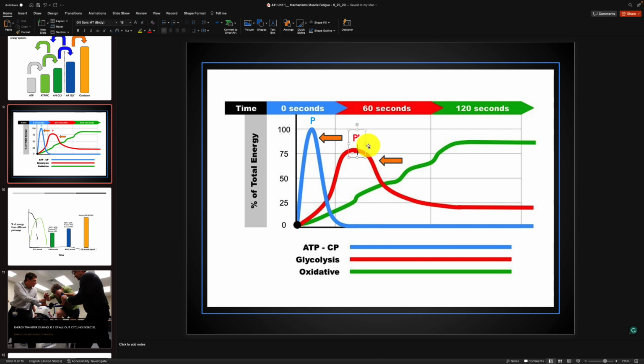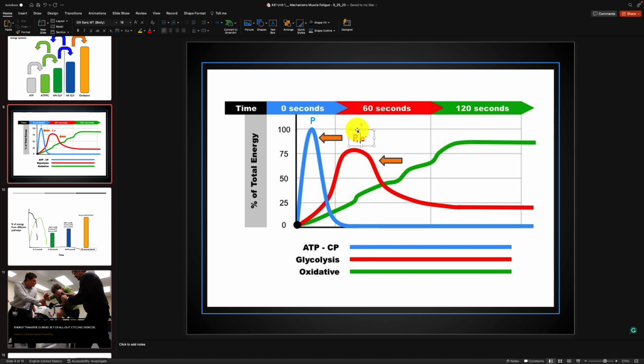Where did that electron go? Over here. That should be a comma. Apologize. Phosphate and electron. And of course, that electron is going to have a negative passing, which is going to help create energy, right?